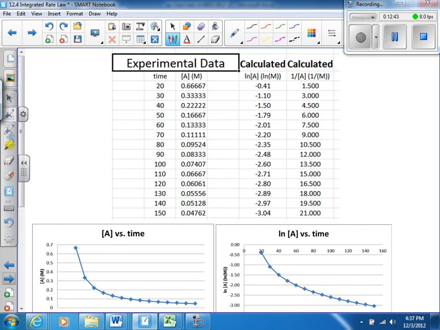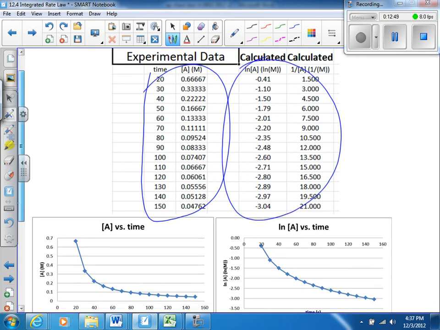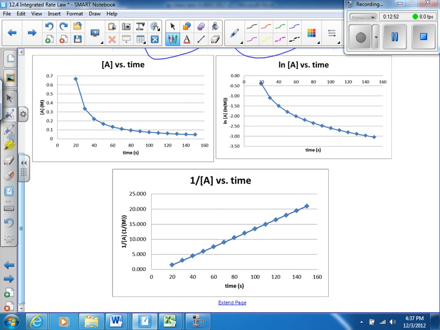So let's look at the next set of data. We've got our experimental data. I've done all the calculations for you, and I've done the plots. And you figure out what's the order of this reaction. Which one gave us a straight line? We see in this plot, 1 over concentration versus time gave a straight line.